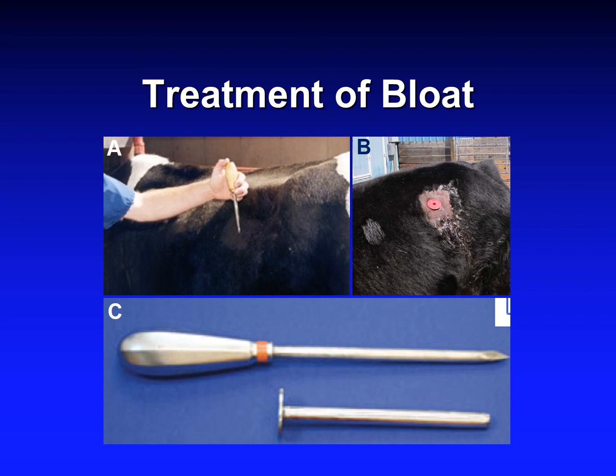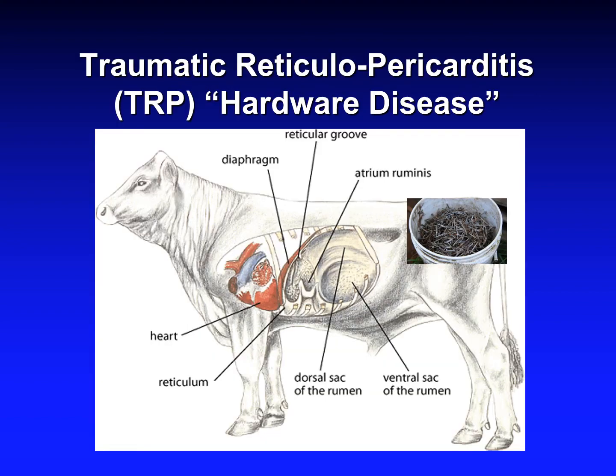Now, the second case is the traumatic reticulo-pericarditis, or TRP, or hardware disease. The most important thing to see here is the relation between the heart, the pericardium, and the reticulum.